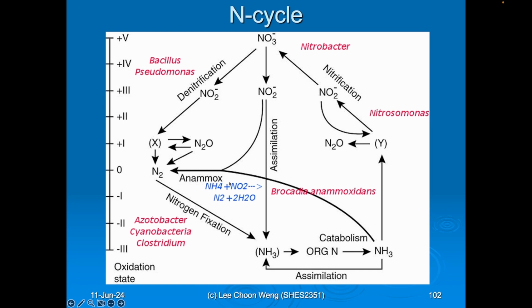This was observed first in wastewater treatment plants, where they were able to isolate bacteria that can carry out the anammox process, where ammonium and nitrite react, forming nitrogen gas and water. This ammonium oxidation from ammonium to nitrogen gas is carried out by, first and foremost, Brocadia anammoxidans. Now other bacteria are also known to carry out anammox reactions.